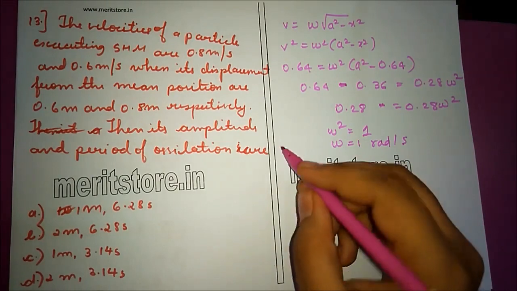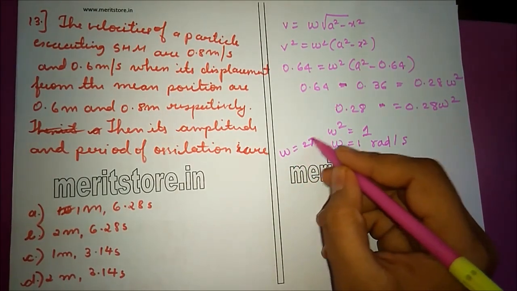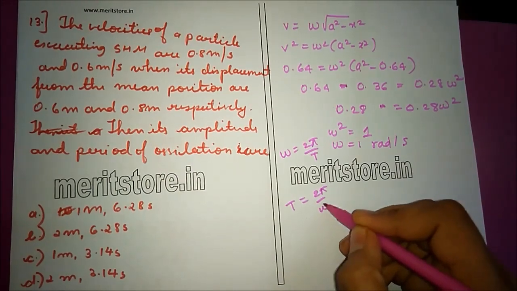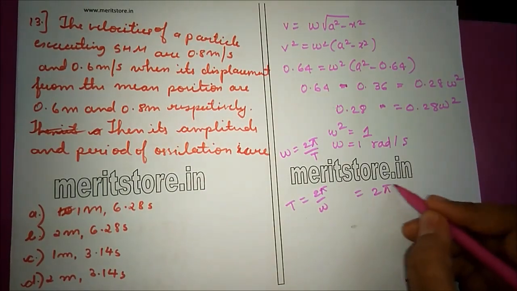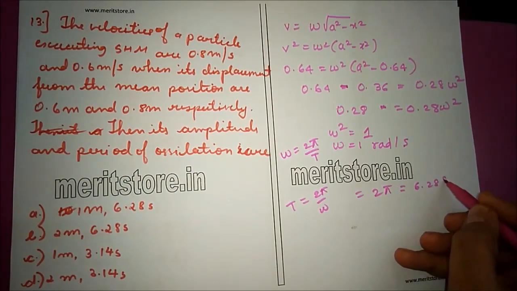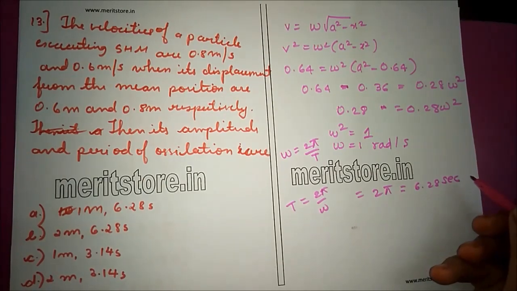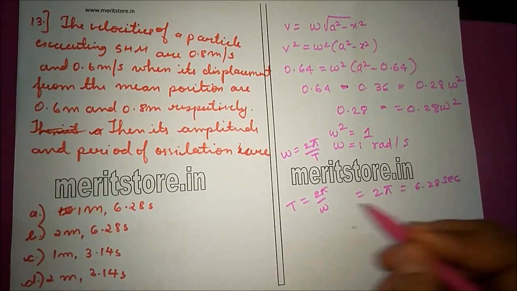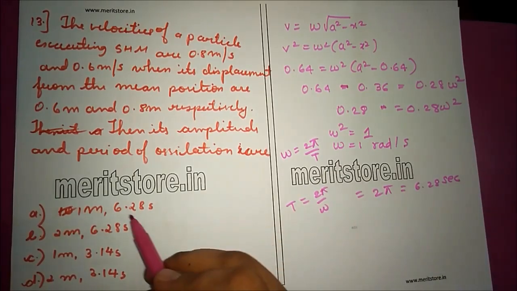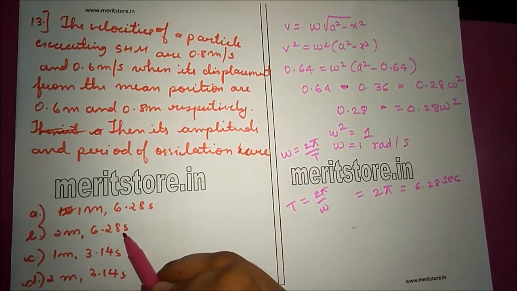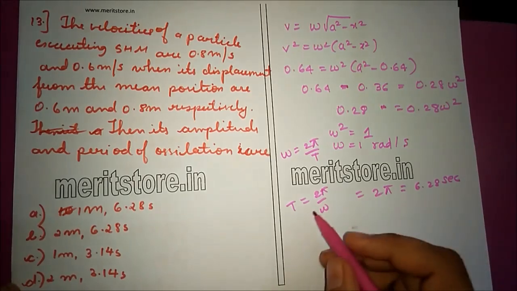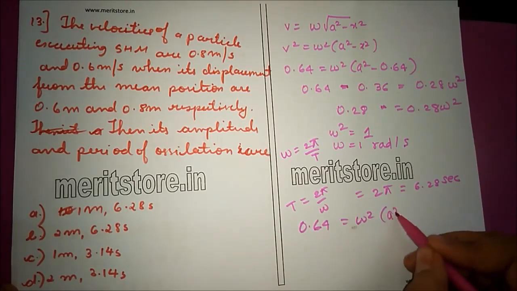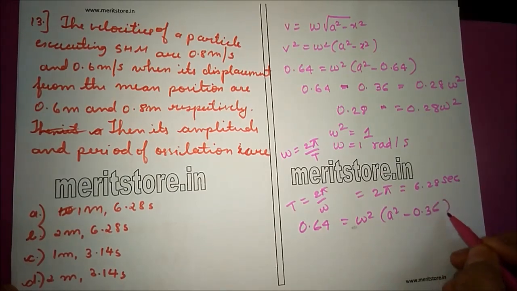But we know that omega is equal to 2 pi by T. So T can be written as 2 pi by omega. So value for T is 2 pi, which is equal to 6.28 seconds. So option C and option D are ruled out now, because we get time period as 6.28 seconds, which either can be option A or option B. So now we know 0.64 is equal to omega square into a square minus 0.36.